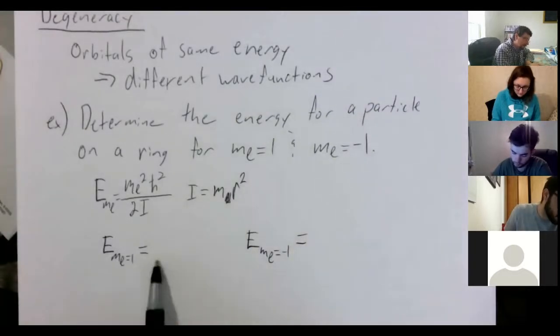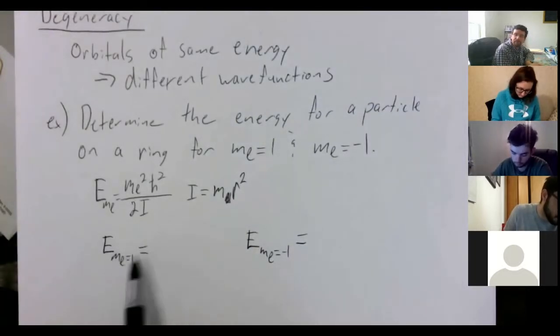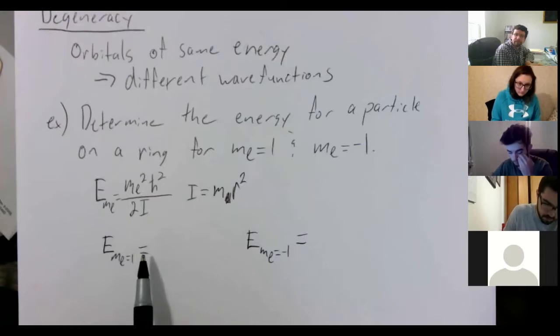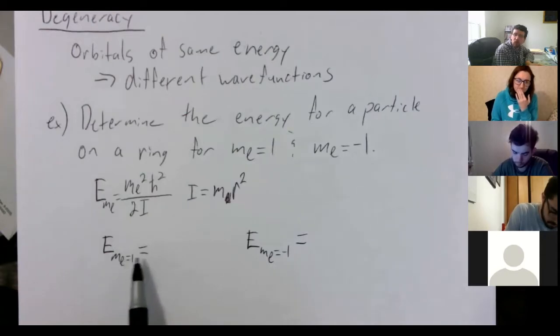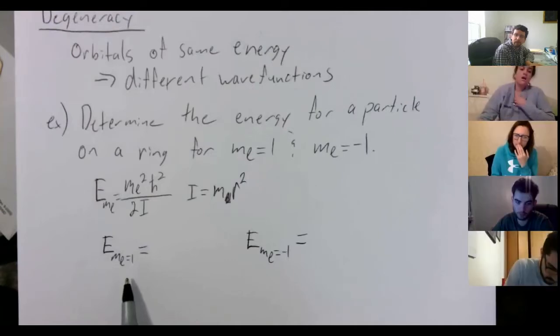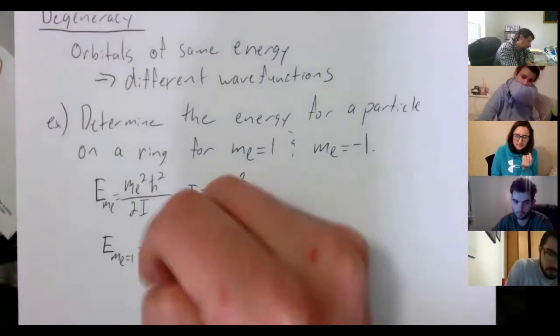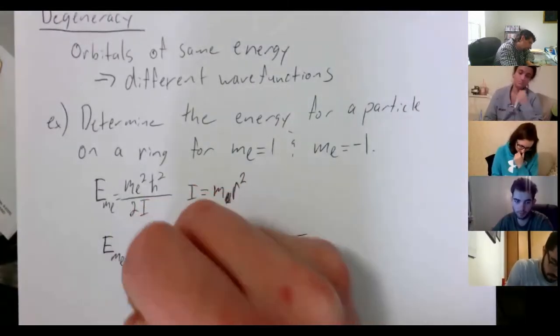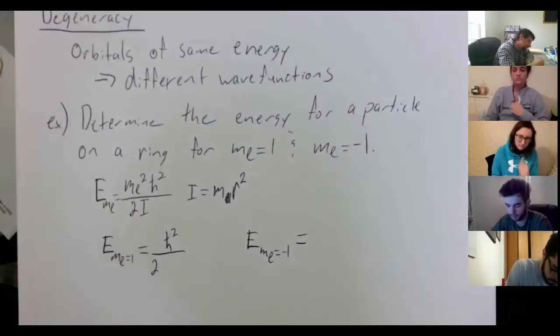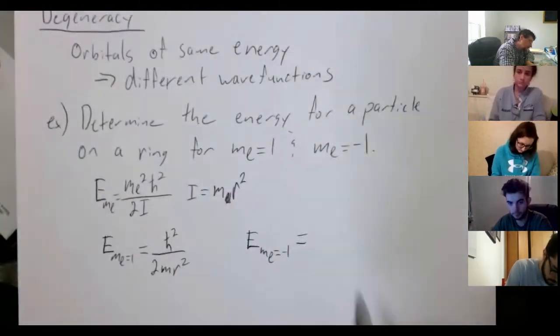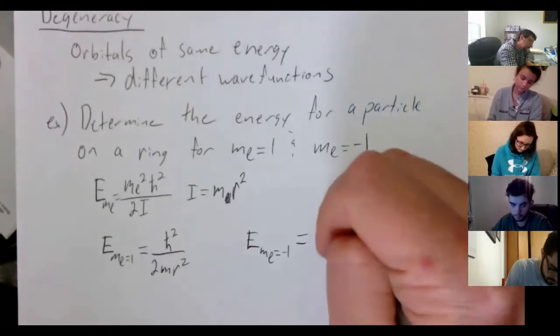So what's the value going to be for this system where we have ML is equal to 1? H bar squared divided by 2 mr squared. Yep. What about this guy? Same thing, right?